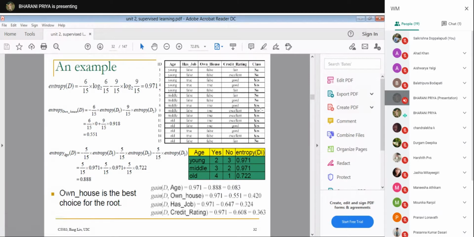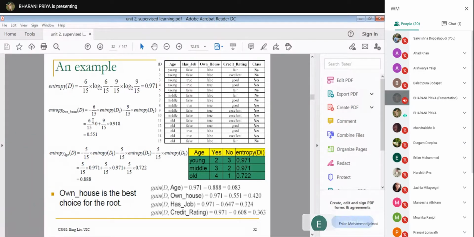What is this 9 by 15? Out of 15 examples, 9 are yes values. So probability of yes values times log 2 of the yes probability. The other one, 6 no values are there. So totally when you calculate, it's 0.971.